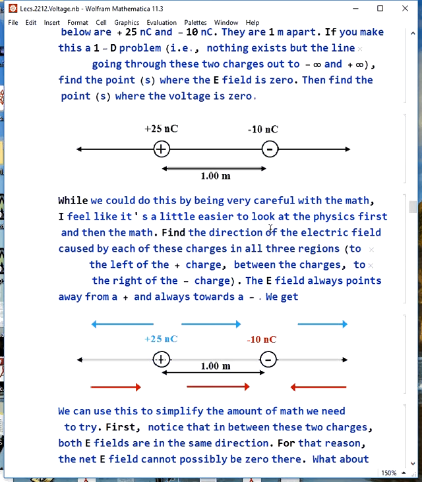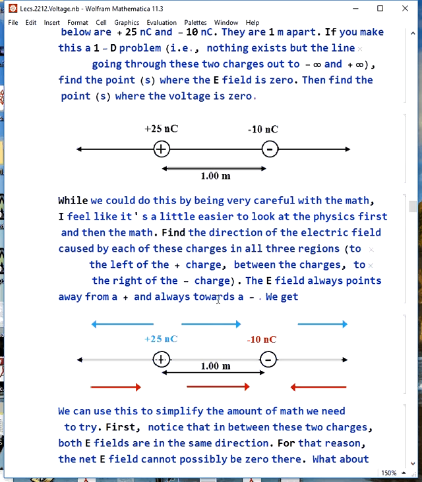Now, we could be very careful with the math and the components, what's positive, what's negative, but to me it's a little bit easier to look at the physics first and then the math to solve these problems. First of all, look at the direction of the electric field caused by each of these charges in all three regions. That's left side, right side, and in the middle.